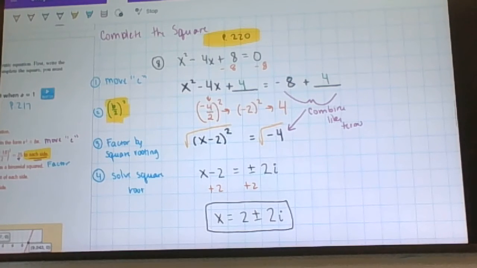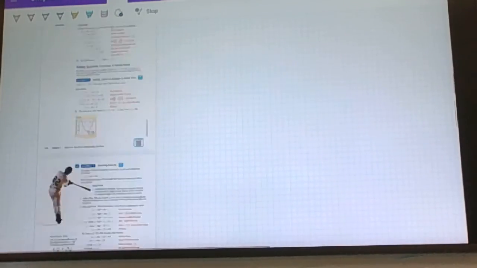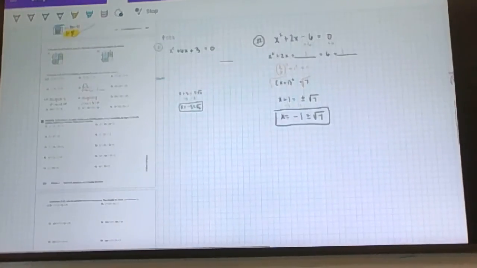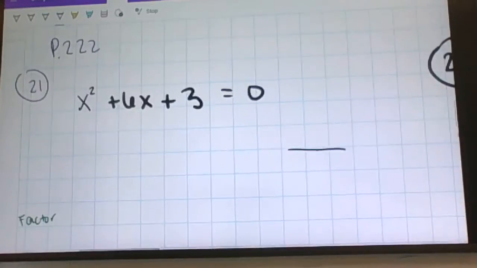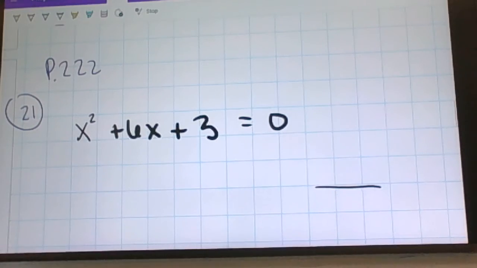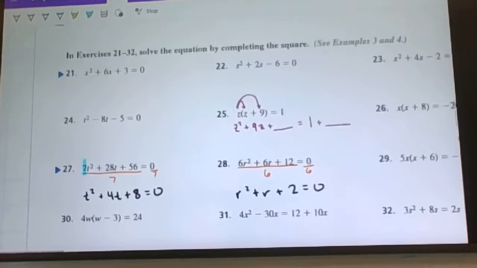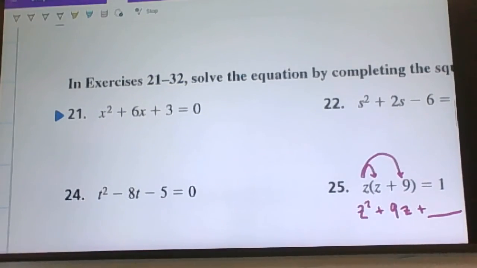21. So I don't like how much space is provided here, so I'm doing it on a separate piece of paper. I recommend it.